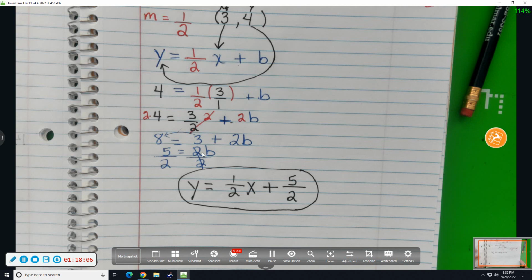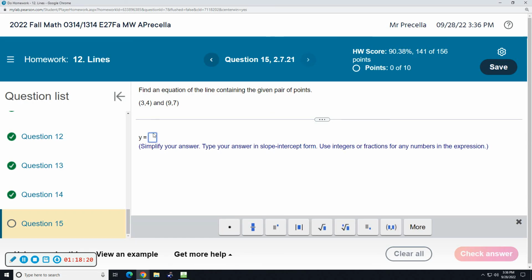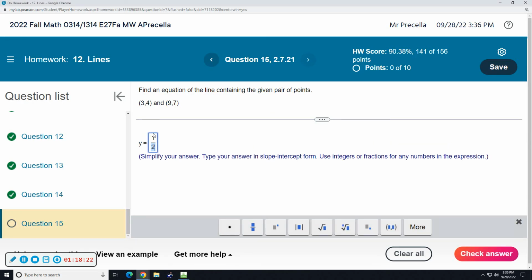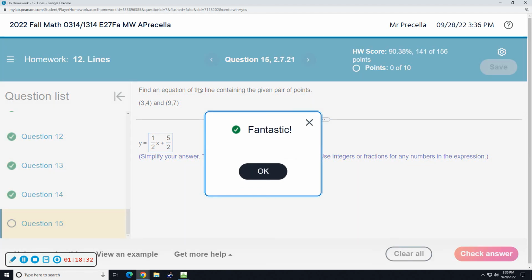Generally, if b is negative, instead of writing plus and negative, you just put a minus. But my lab takes it either way. So y equals 1/2 x plus 5 over 2. Get out of the denominator before you type that x plus 5 over 2. Any questions there?